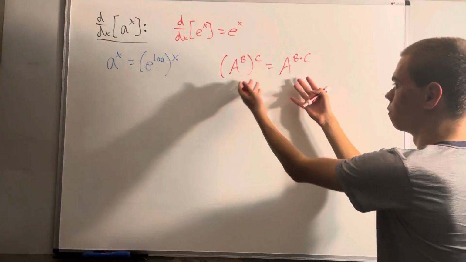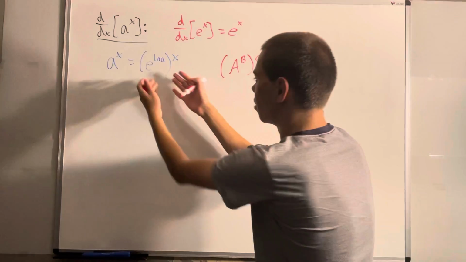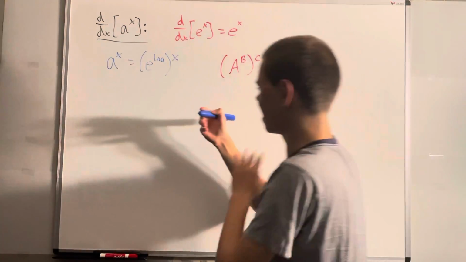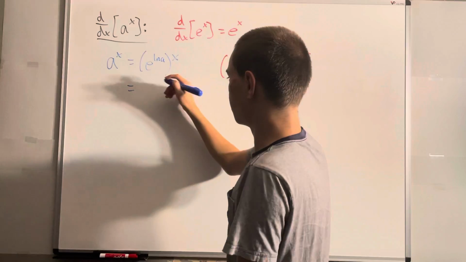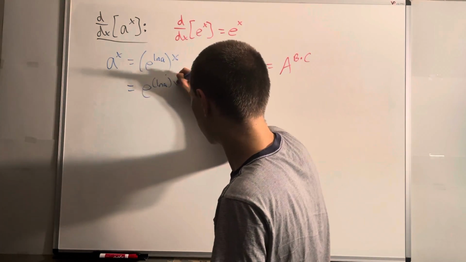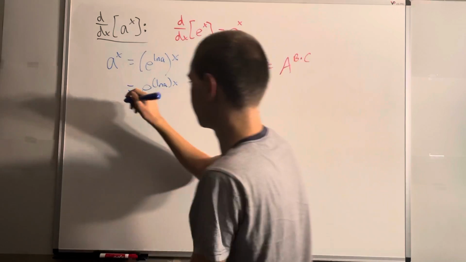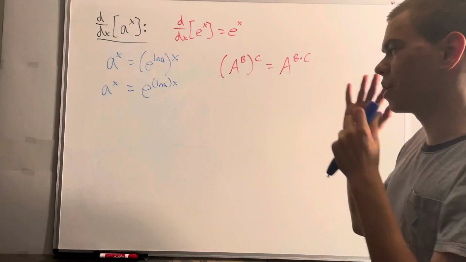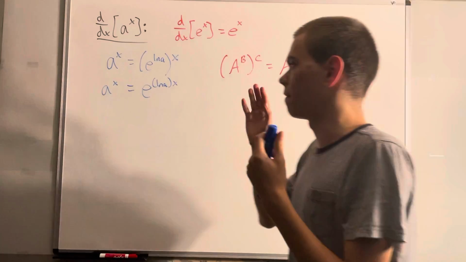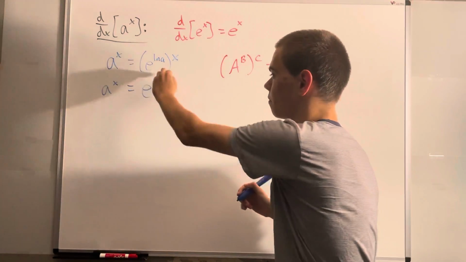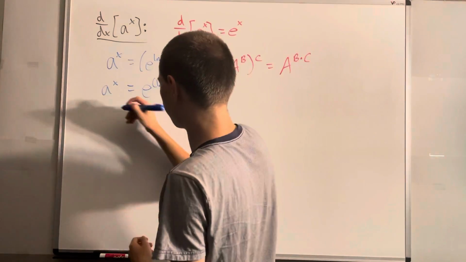We can apply it right there, so you could write this as this, and this would just be that. Now that we have this, we can find the derivative of a to the x, because we actually know how to find the derivative of this. So that's what we're going to do.